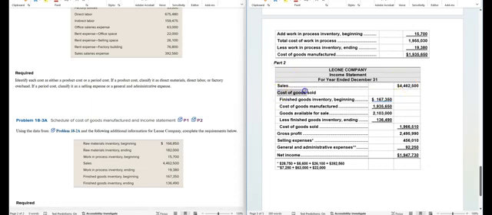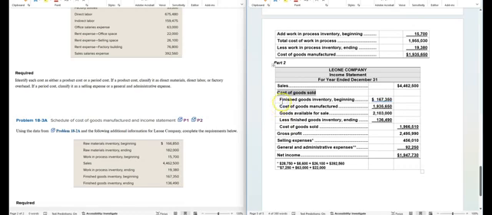We break out the cost of goods sold, right? The cost of the inventory that we sold. In a manufacturing environment, those costs are associated with the inventory that was sold out of finished goods. So to show the cost of goods sold, we are going to demonstrate the flow of cost through the finished goods inventory account.